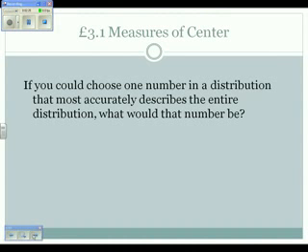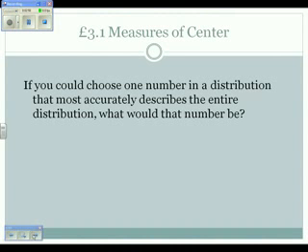So if you can think of one number that would represent an entire distribution the most accurately, what number would you give? So you have a data set that has a whole bunch of numerical data, and you're only allowed to give one number that will represent that data.